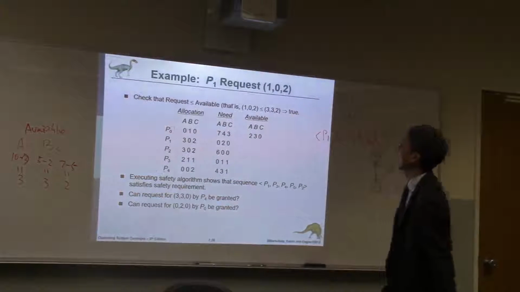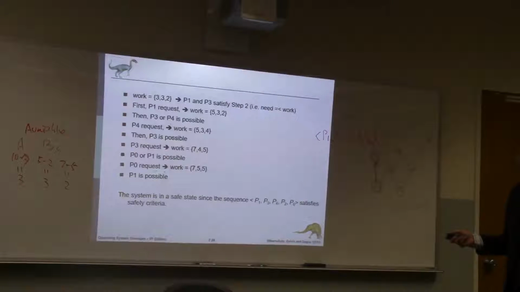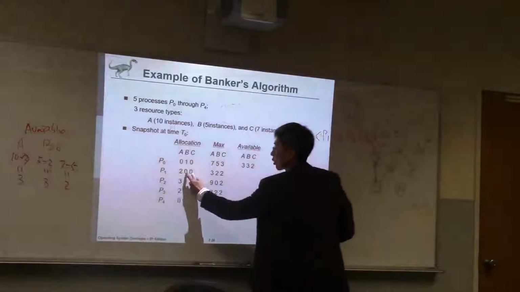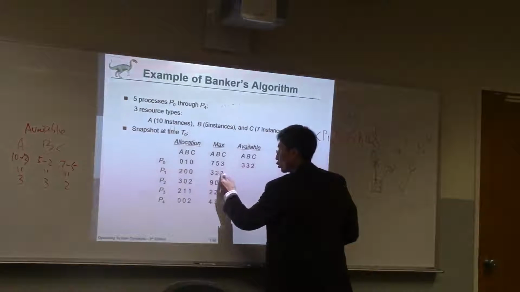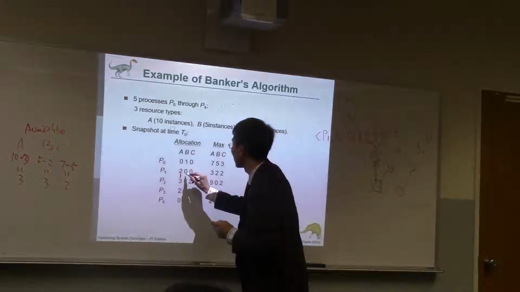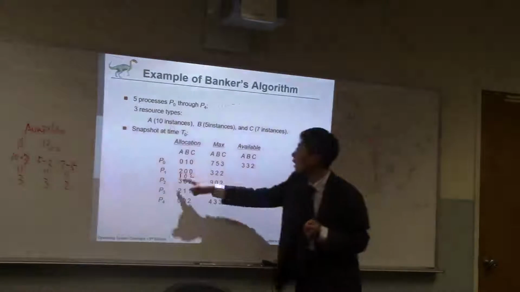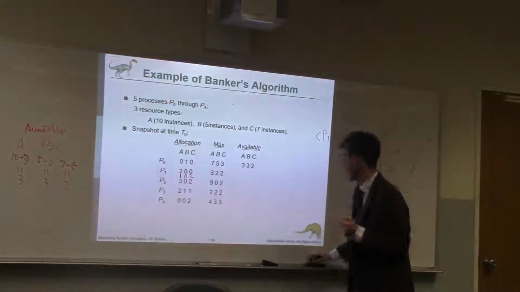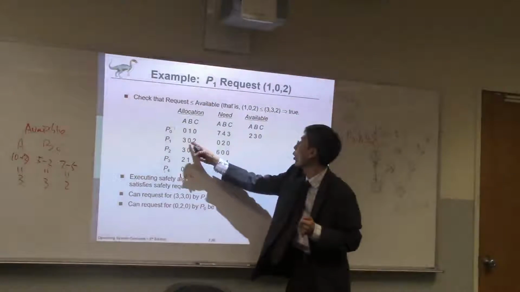P1 requests 102. P1 currently has 200 allocation. Maximum need is 322, but it requests one more A and 2 more C. So that is 302.